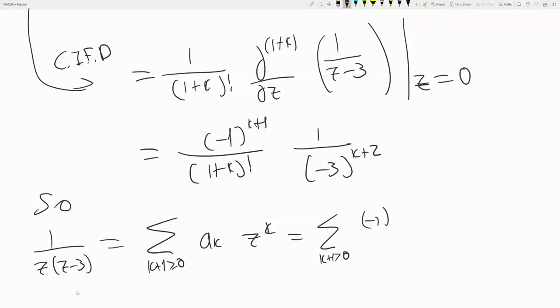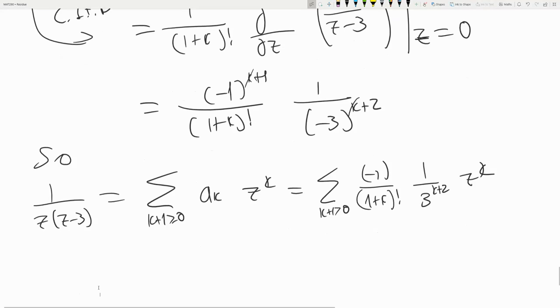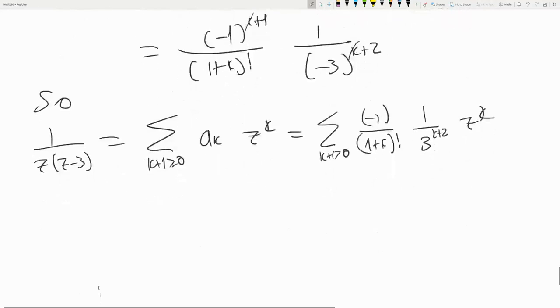The k factorials cancel out, so you just have minus 1 and then 3 to the k plus 2, z to the k. And let me write a few terms.